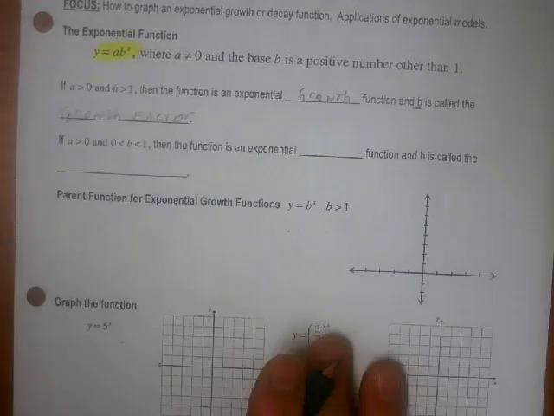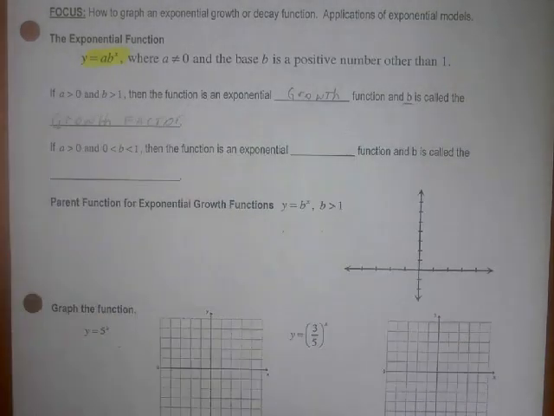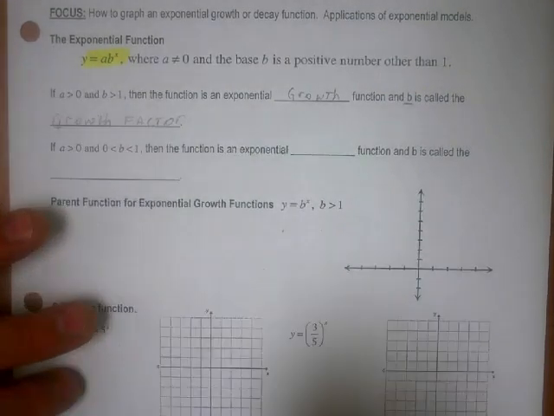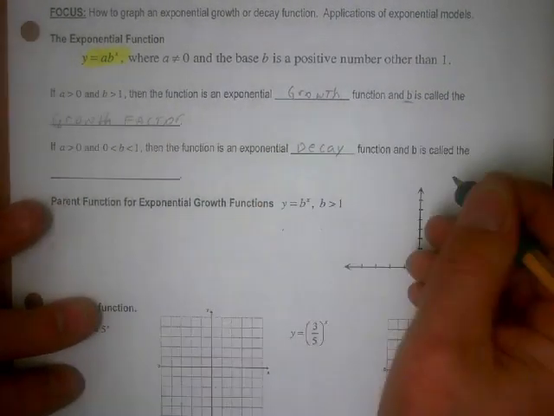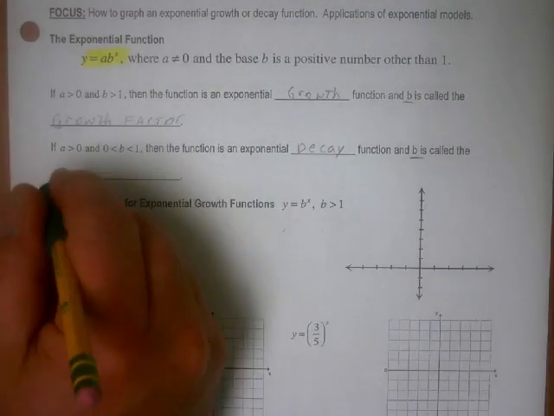If a is greater than 0 and b is between 0 and 1, then the function is called an exponential decay, and b is called the decay factor.